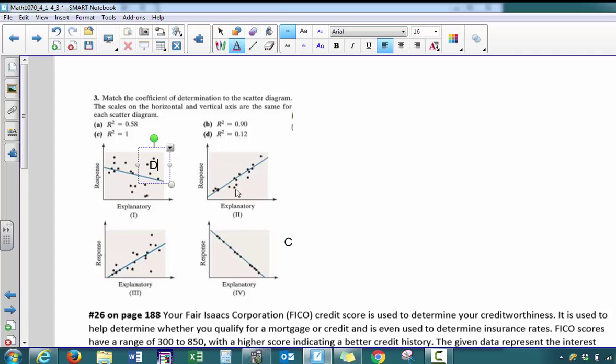And what you should see is that in graph 2, your points are more closely gathered around this line, which means your R-squared value is going to be higher. So between the two choices we have left, A and B, this graph corresponds to B, and this graph corresponds to A.